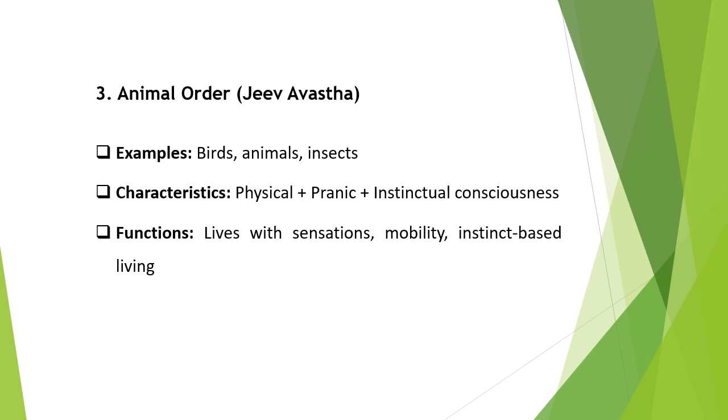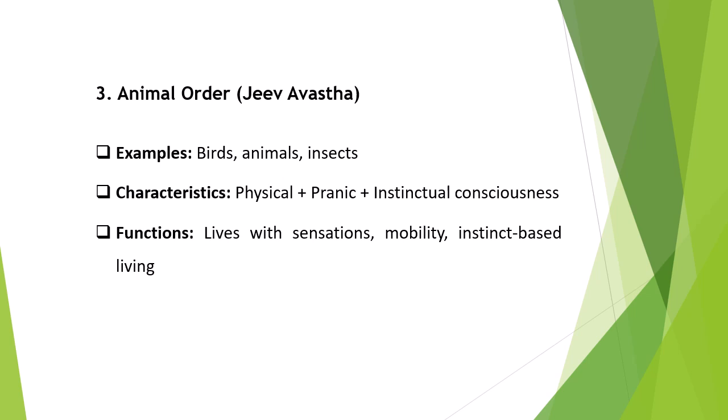When we explore the animal order, we find two fundamentally different sets of activities. One set of activities is the physicochemical activity of the body, and the other is the conscious activity of the self.